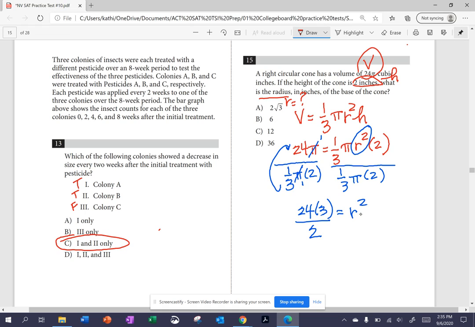So I want r, not r squared. So to undo squared, I'm going to take the inverse, which is square root. So 24 times 3 divided by 2 is 36. So the square root of 36 equals r. So 6 equals r.